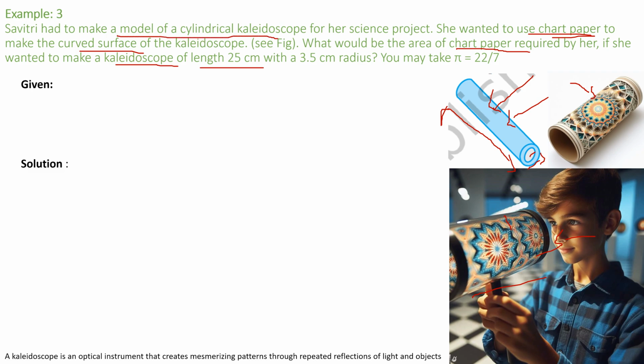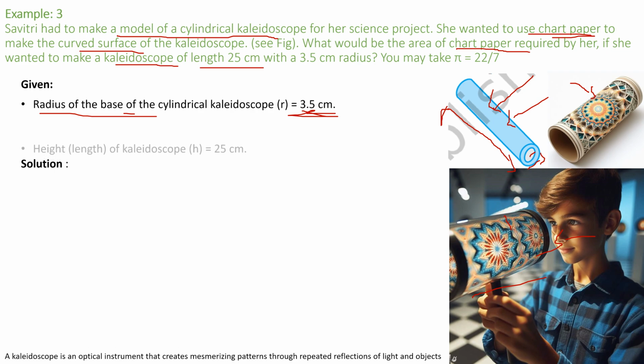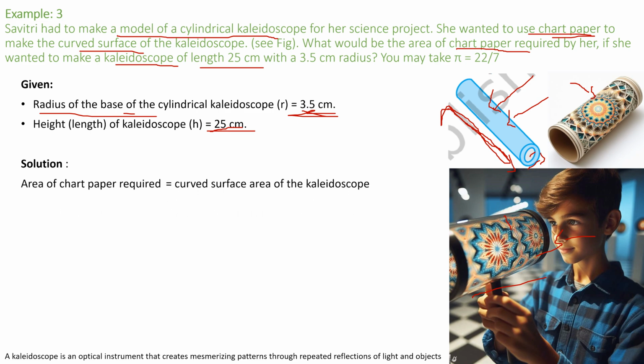Let's see what is given. Radius of the base is 3.5 centimeter. r is given. Height means this, when it's standing we can think of it as height. Height of the kaleidoscope is given, which is 25 centimeter. What we need to find out is the area of the chart paper required.